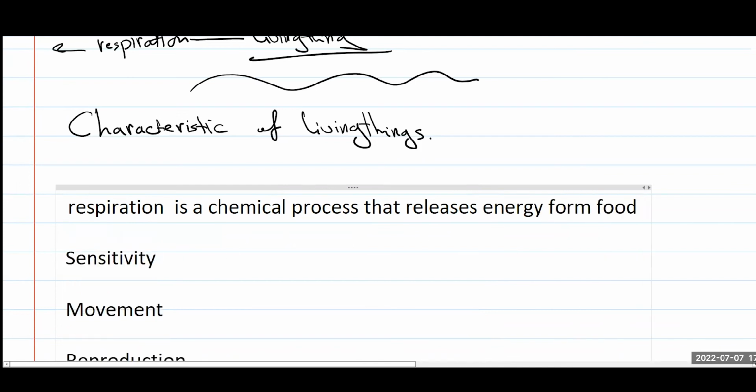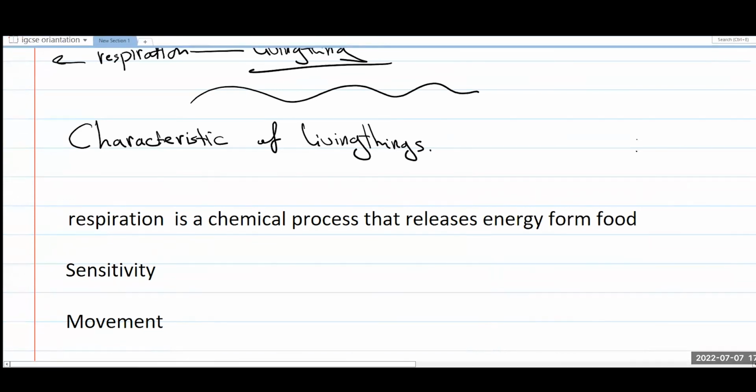Here I would like you to make it clear: respiration, not breathing. What's the difference between respiration and breathing? Respiration, which is a chemical reaction that releases energy from food, is a cellular process.